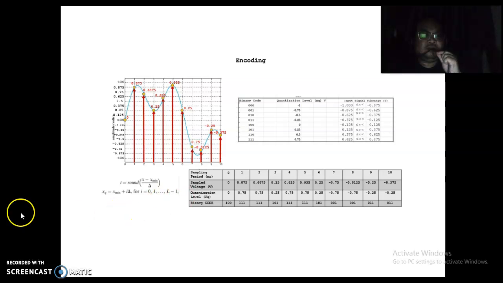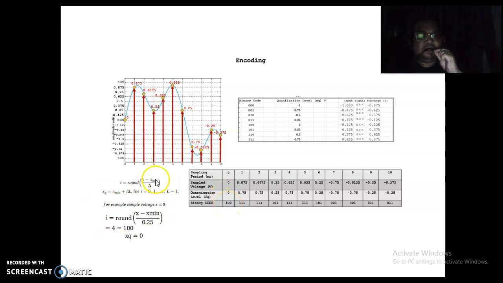For example, at time 0, your sampled voltage x is 0. If we solve for I, the answer is 4. 4 will be converted into binary, so 4 decimal is 100 in binary. As you can see, when the sampled voltage is 0, the quantization level is also 0. If you compute xq, xq will be 0 and the binary code will be 100.